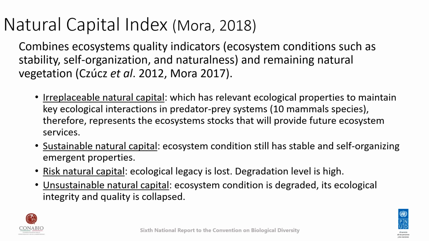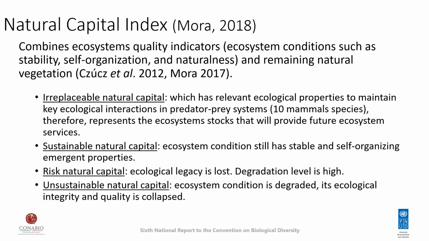The first category is irreplaceable natural capital, and it means habitats or ecosystems that have relevant ecological properties to maintain key ecological interactions, and that those habitats represent an ecosystem stock that will provide the future ecosystem services. Another category is sustainable natural capital, and it means ecosystems with conditions that have stable and self-organizing emergent properties.